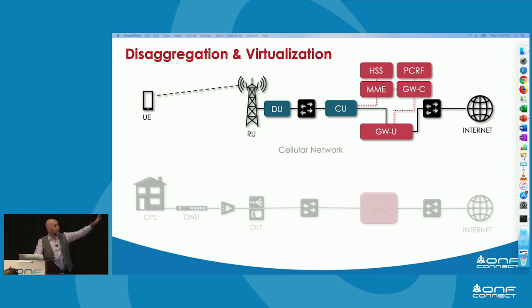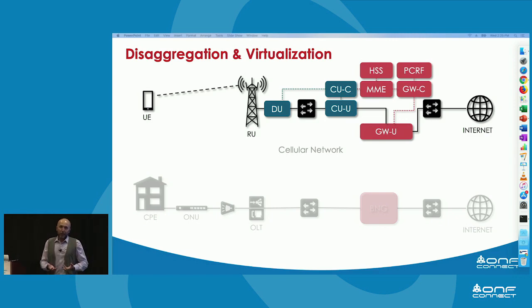Next, in the same fashion, I have gone through the RAN disaggregation, if you notice here. I have a radio unit at antenna sites, a distributed unit at cell sites, and my CU, the central unit, residing at the edge. The next step is taking the virtualized component, the central unit, and doing a CUPS separation for that as well. So I have a CU-U and a CU-C. All right.